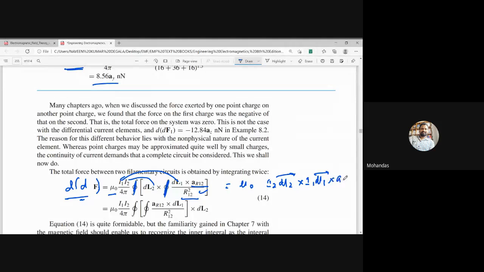This is the formula we wrote for differential of differential force. And the mu naught value, you know, is 4 pi into 10 to the power of minus 7.